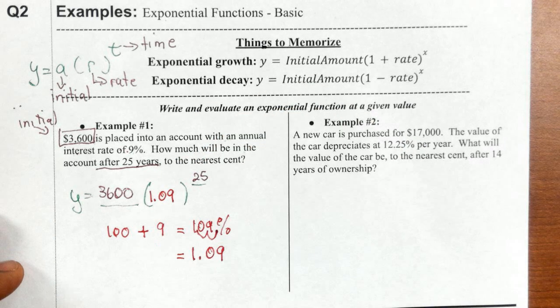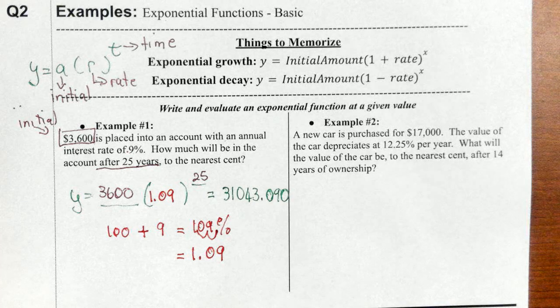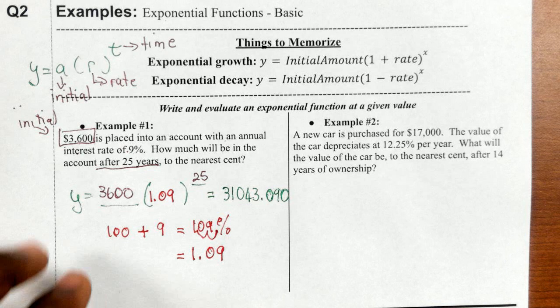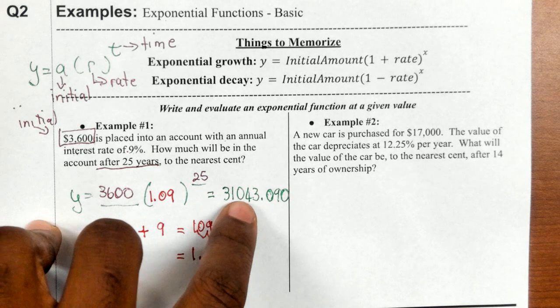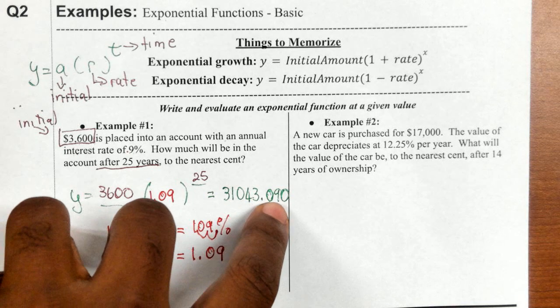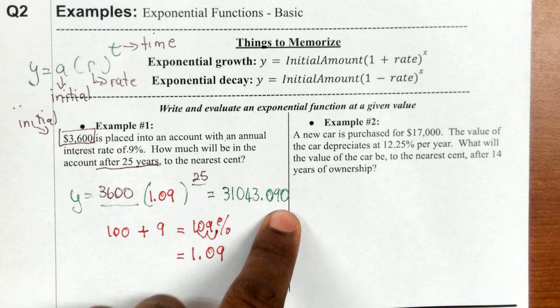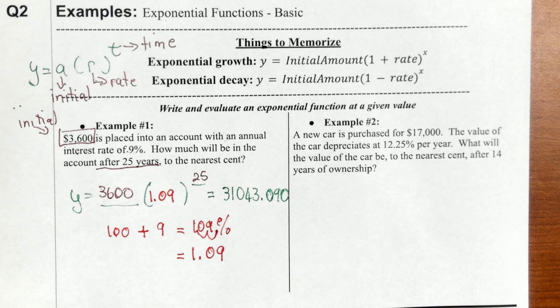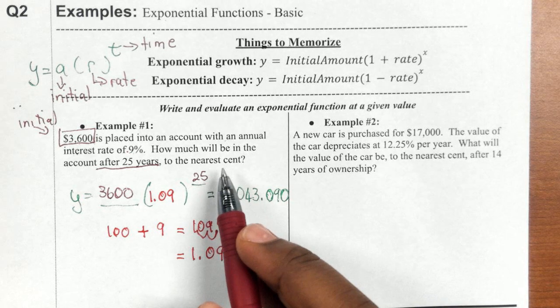All right. So let's go ahead and calculate. When you put this in your calculator, you'll get 31,043.090. Always write at least 3 numbers after the decimal point. Now we're going to round. It says round to the nearest cent.